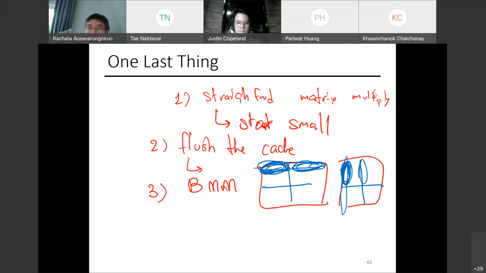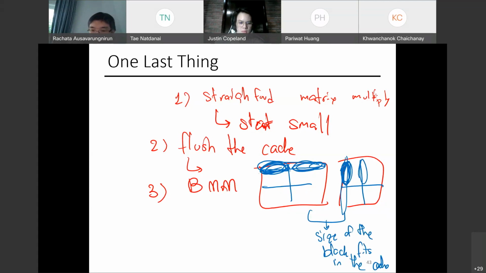So the key here is to make sure the size of the block fits in the cache, right? My recommendation, make sure you parameterize the block.